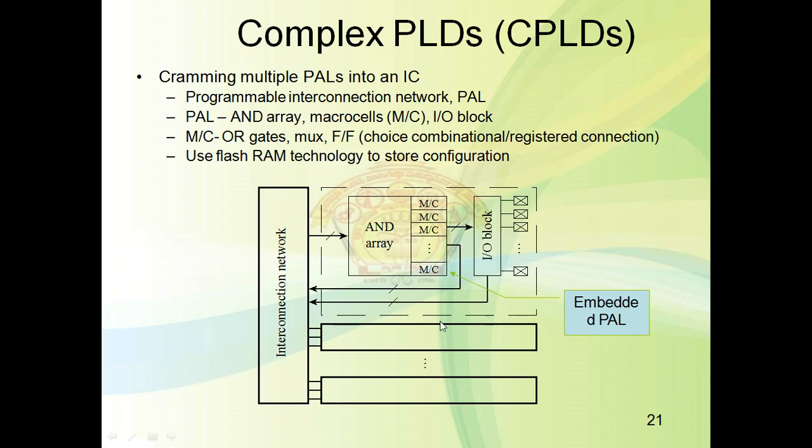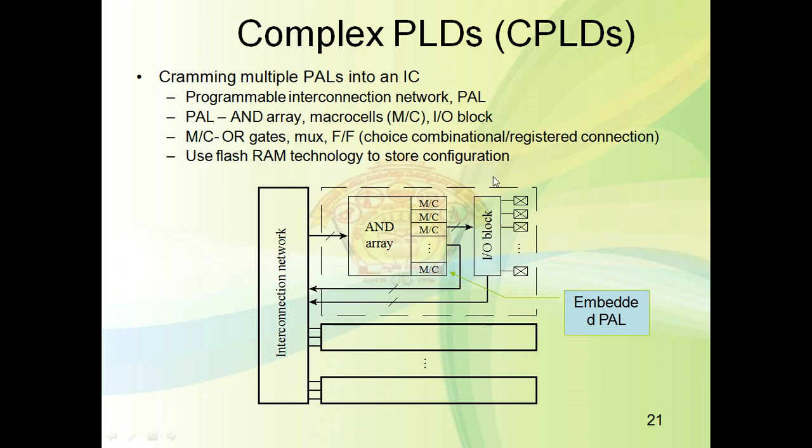So this is a PAL structure, this is a PAL structure, and more PAL structures will be there, with interconnection between them. Each PAL consists of an array of embedded microcells. So each PAL section will have embedded microcells as well as an AND array.